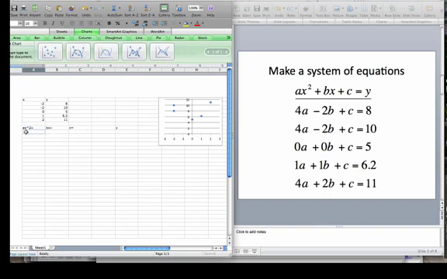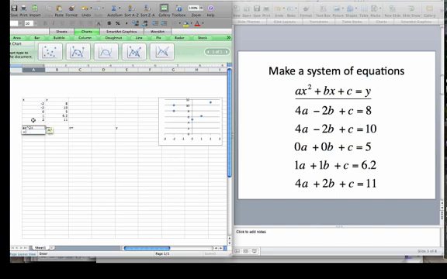Now, this is going to be my A matrix, the coefficients matrix, and this will be my constants matrix. My coefficients of a, the numbers that are multiplied by a, in each case were x squared. So rather than square this in my head and type it in, I'm going to let Excel do the work for me.